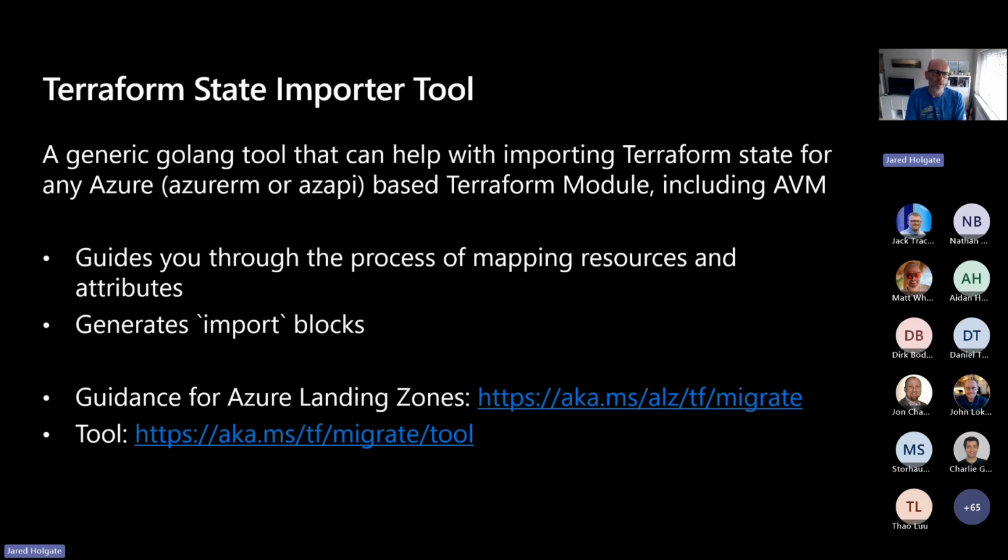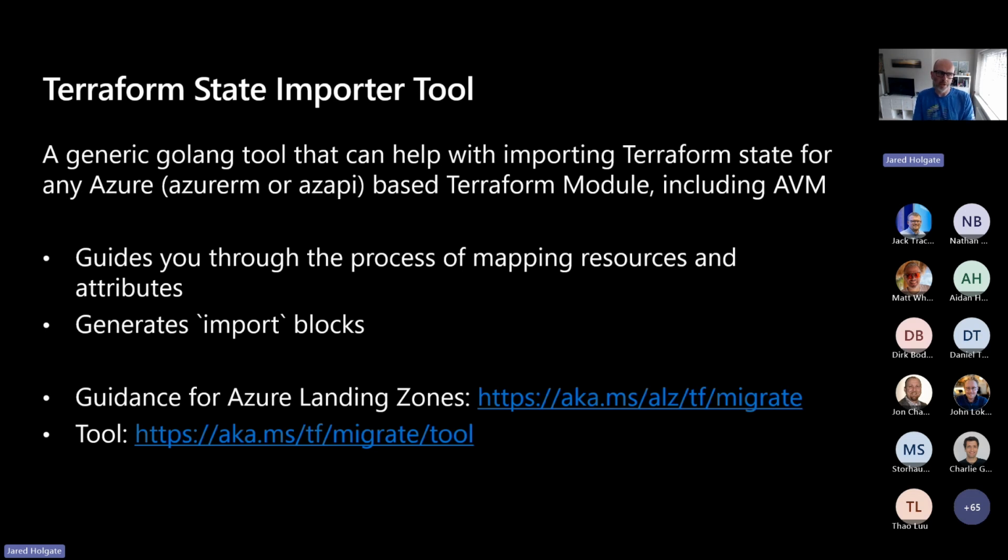So we ended up writing this tool, but when we were writing it, it was easier to write the tool in a generic way that was configurable rather than write something very specific to that module. So we want to share this tool with you because it is generic and it could be used for other workloads migrating into AVM or between any Terraform module, basically.